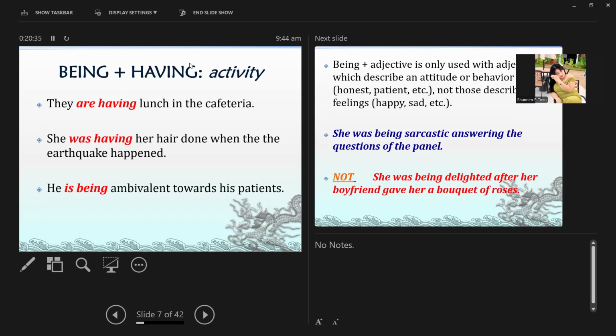Okay, so I know this word ambivalent is actually a new word and probably you're unfamiliar with it. So when we say he is being ambivalent towards his patients, ibig sabihin nun, having mixed emotions. Alright? So, maaaring natutuwa, nagagalit, or naiinis. It's just a mix of emotions. That's what ambivalent actually means.